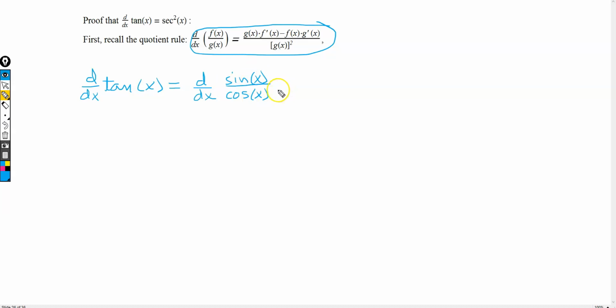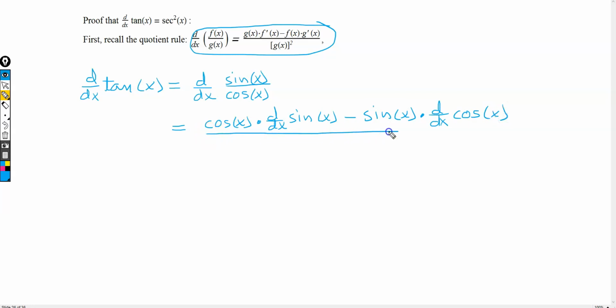Now we just have to apply the quotient rule here. So this will equal cosine times the derivative of sine x minus the top sine x and then all of that is being divided by cosine squared x.